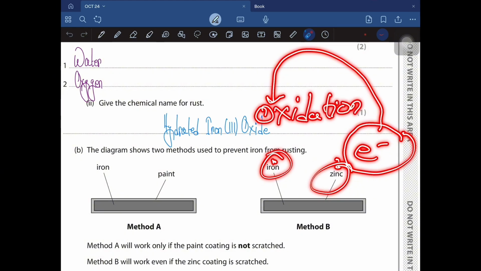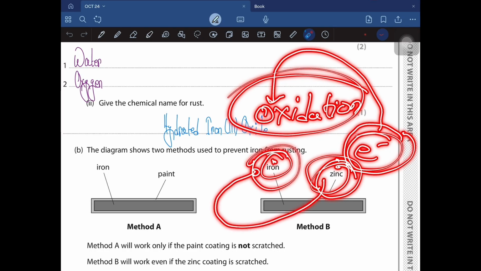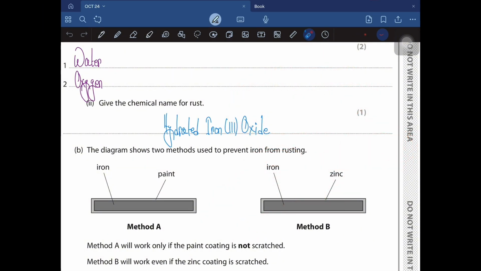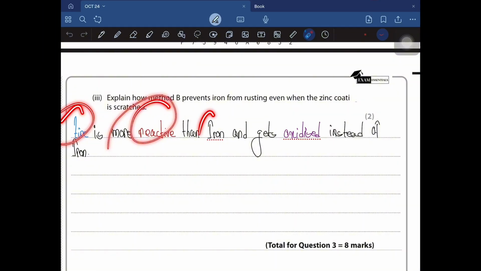So the zinc will get oxidized instead of iron. The zinc is going to lose the electrons instead of iron, and hence this is how zinc prevents the iron from rusting. So zinc is more reactive than iron and gets oxidized instead of iron.